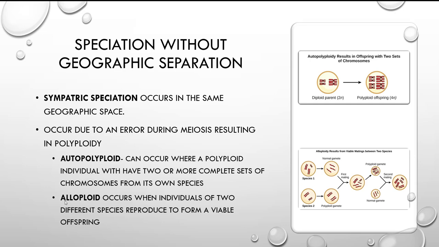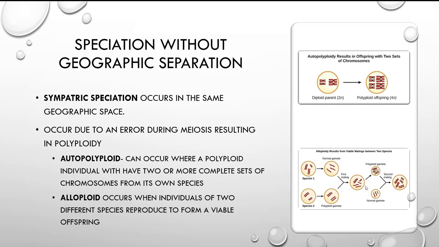Another way is through alloploid. So alloploid occurs when individuals of 2 different species reproduce to form a viable offspring. Okay, so basically it's like hybridizing, but they can do that with plants. It's harder to do that with animals, but plants, they can do that. So we have species 1 and then species 2, and then they can mate and produce viable offspring.